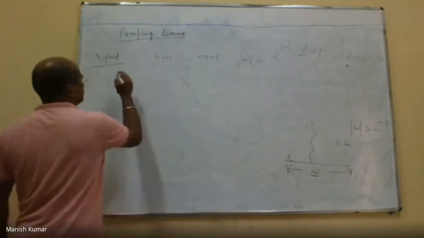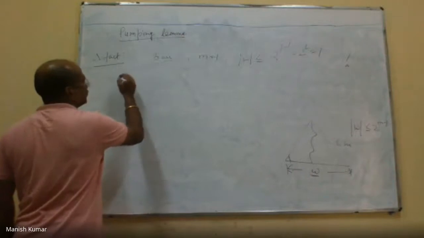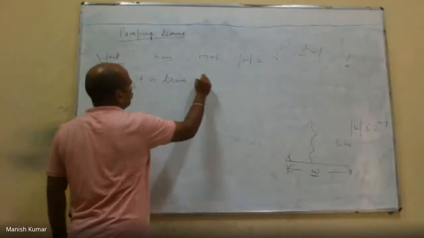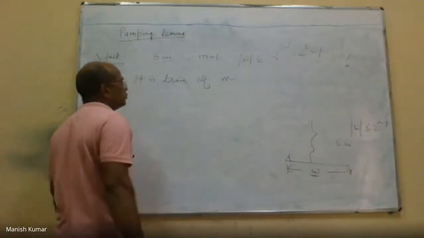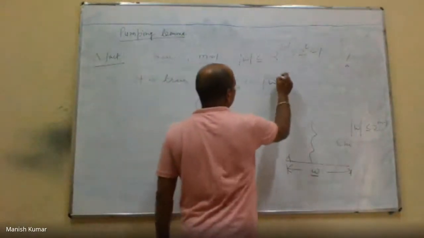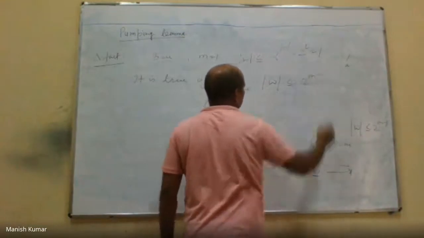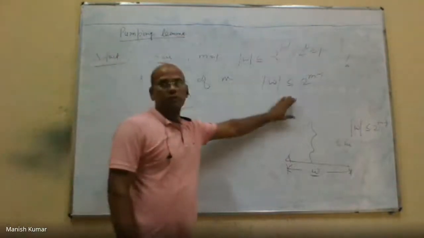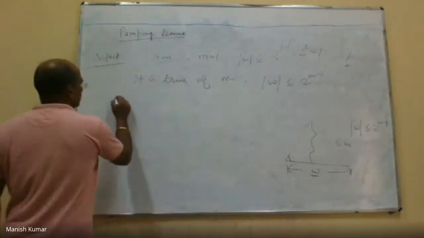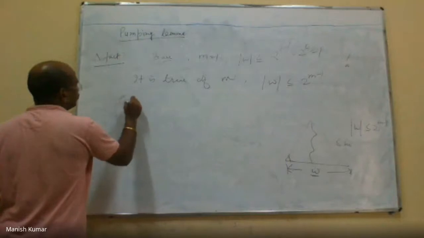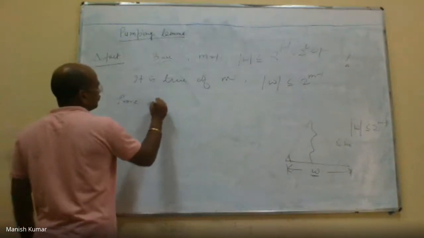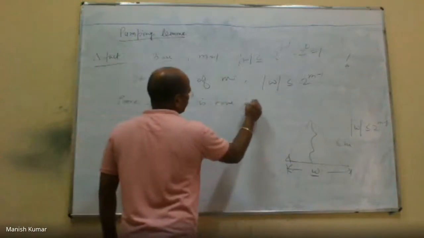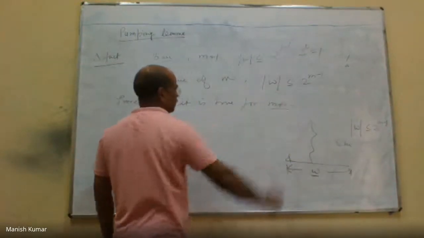Now assume that it is true for m also. To prove that it holds for m plus 1, we need to show that it is true for path length m plus 1.